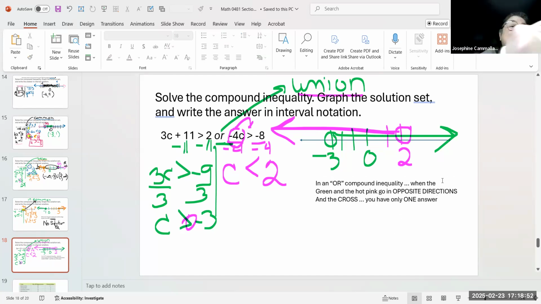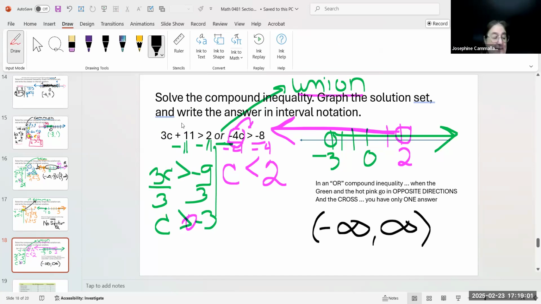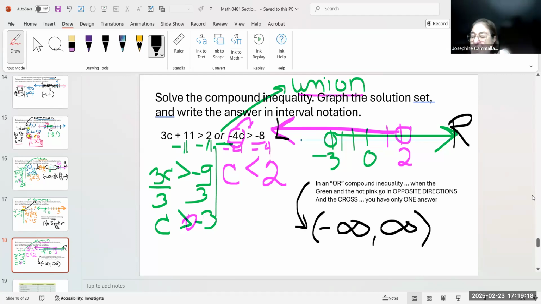And that answer is negative infinity to positive infinity. Union, you're reading left to right. They cross, but because it's an or, you only have one answer, negative infinity to positive infinity.